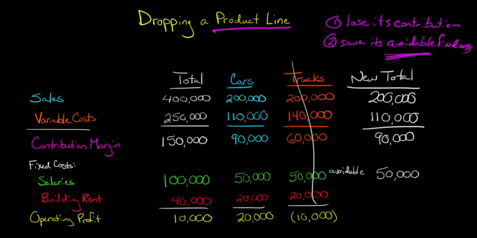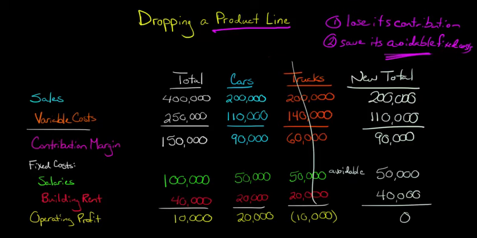And then the building rent, this $20,000 here doesn't go away, right? We still have to pay $40,000. We can't get out of our lease. We can't get a smaller business. So now we have $40,000. Okay, so now if we take this $90,000 contribution margin and subtract the 50 for the salary, subtract the 40 for the building rent, we have an operating profit of 0.